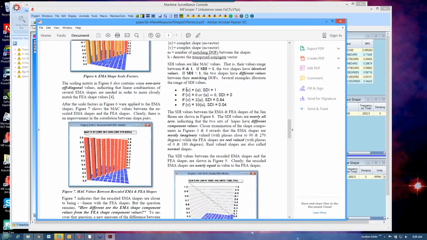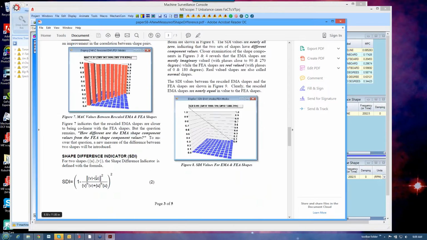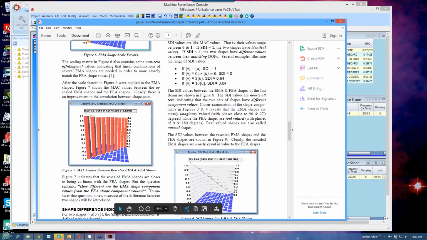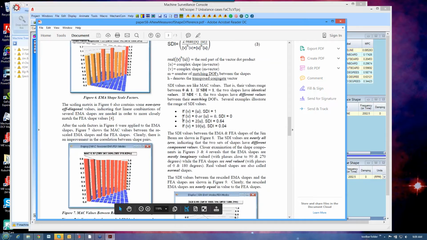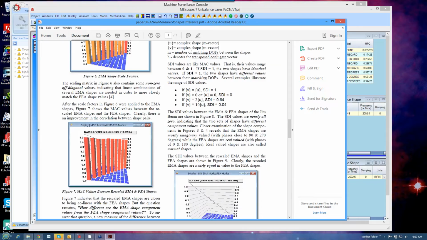Now it's a little clearer down here. When v and u are equal to each other, then this term here is 0. The difference is 0, and so the answer is 1. And so this has the same properties. If either v or u is 0, then the difference is 0, and here's a couple other cases here.